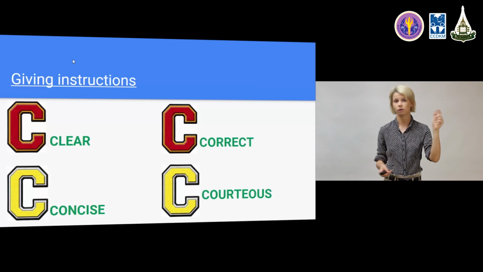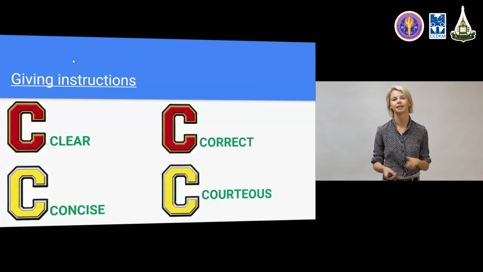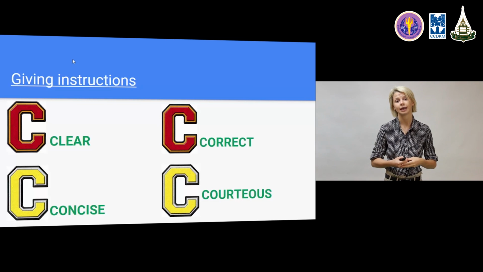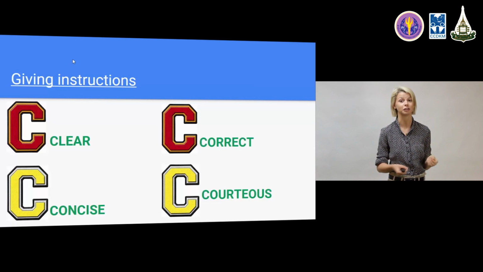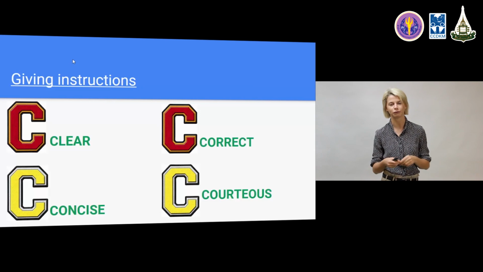Second one, we'll go across. Another red C. Correct. Make sure what you are saying is correct when you give instructions. If the bus leaves for the airport at 5 p.m., make sure you say 5 p.m. Don't say 6 p.m. This is incorrect information, not helpful when giving instructions.